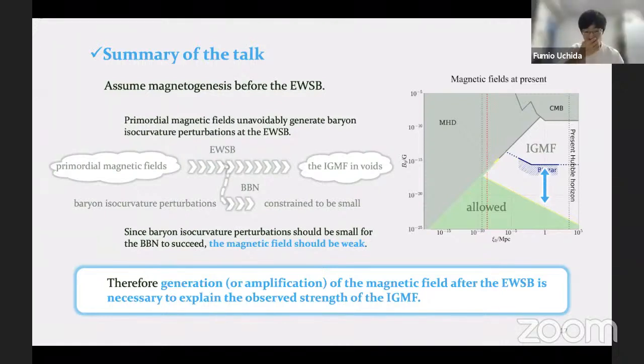Yes, it is possible that an astrophysical mechanism amplifies the magnetic fields, and some people are saying that it might be possible that astrophysical outflow pollutes the voids, and magnetic fields are injected into the galactic voids, even if there is no astrophysical object inside the voids.